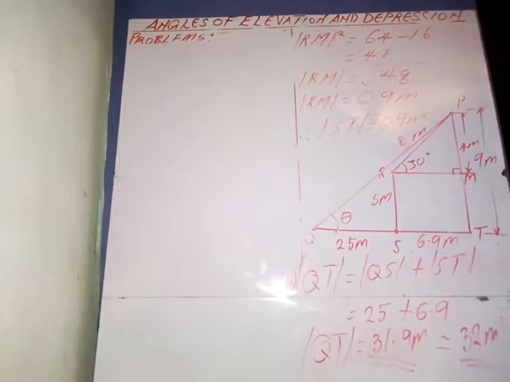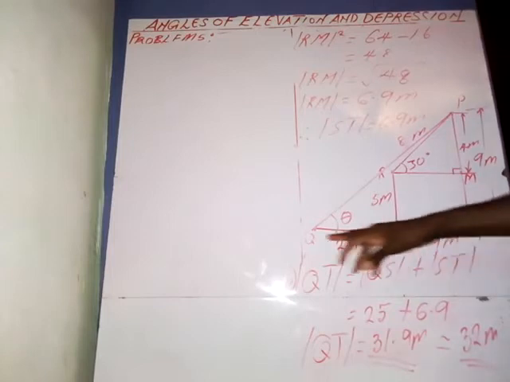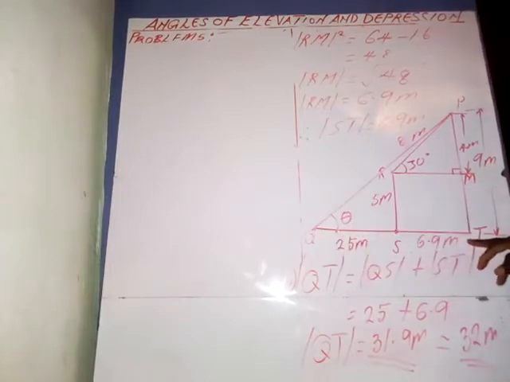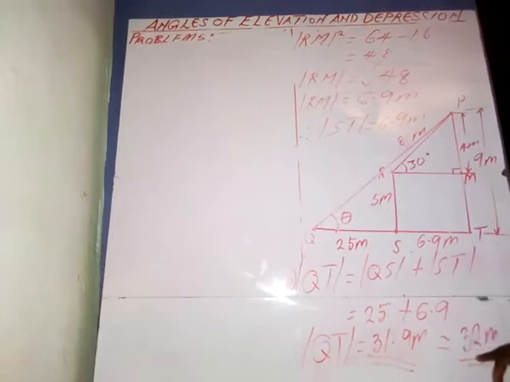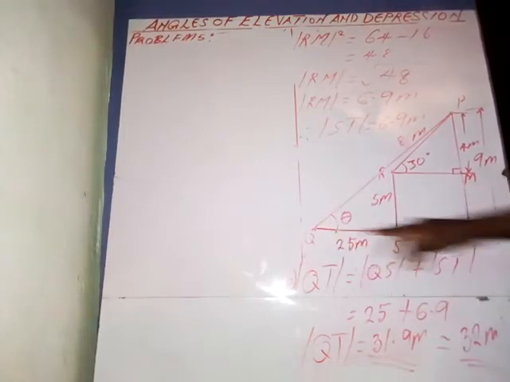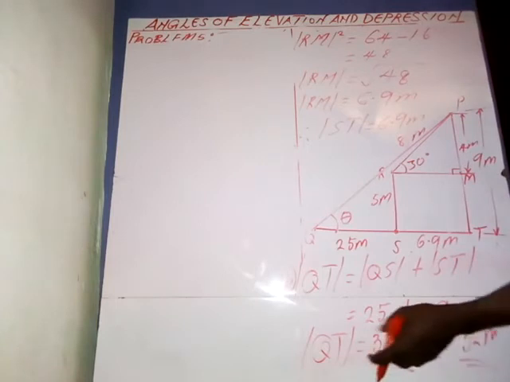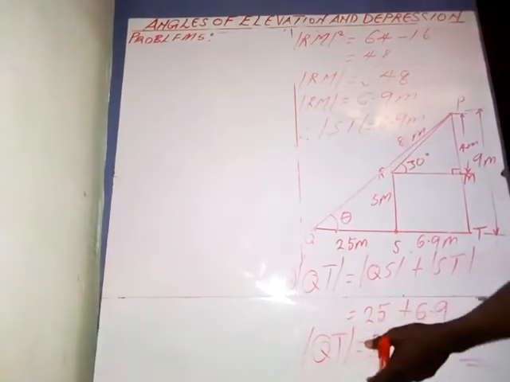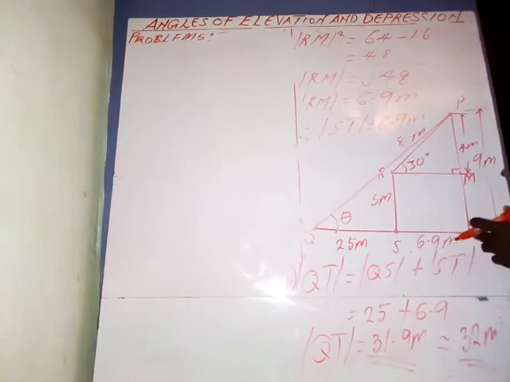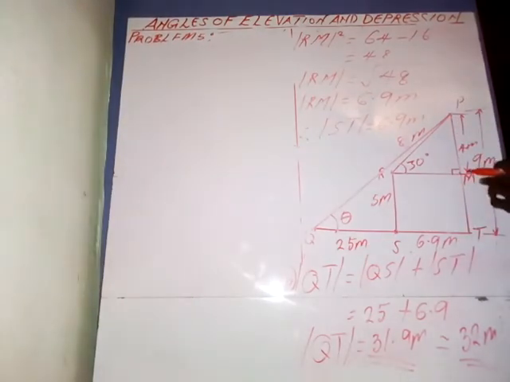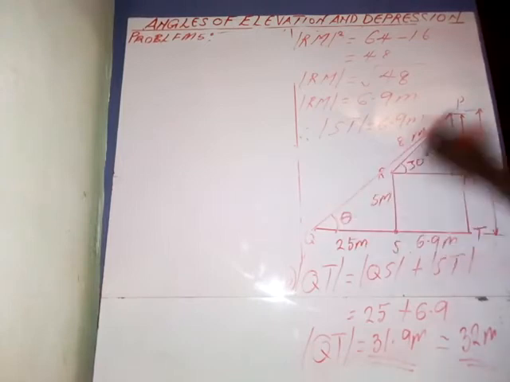We know that the distance from here to here is 32 meters, and from here to here is 9 meters. That is QT is 32 meters, or I can use 31.9. I will use 31.9. So QT is 31.9 meters and TP is 9 meters. So here I have a right angle triangle.